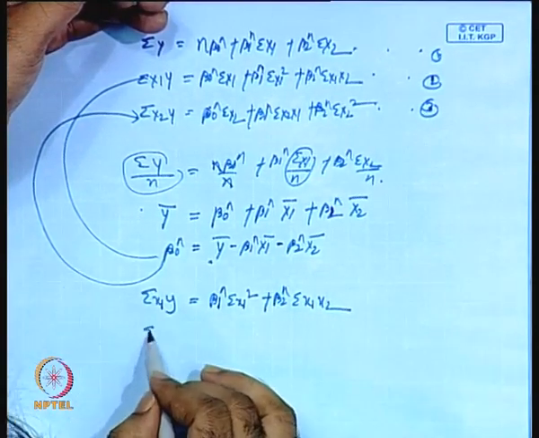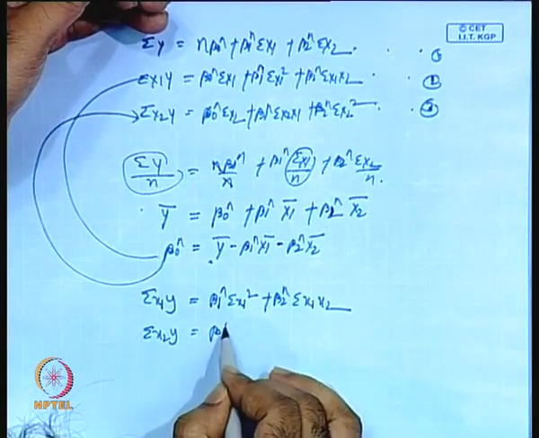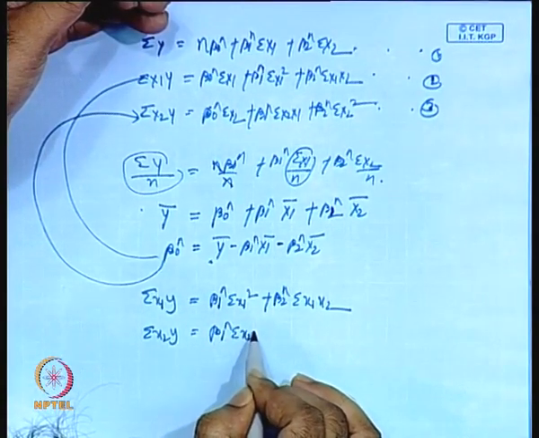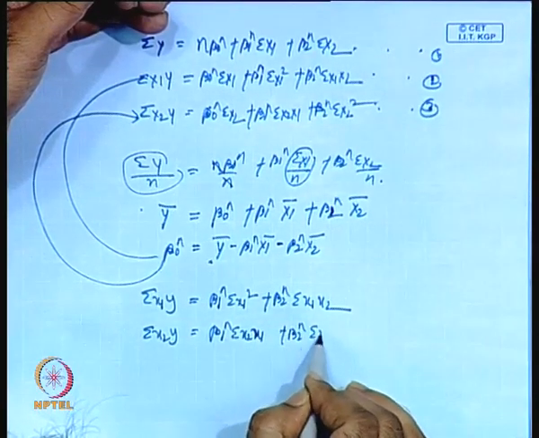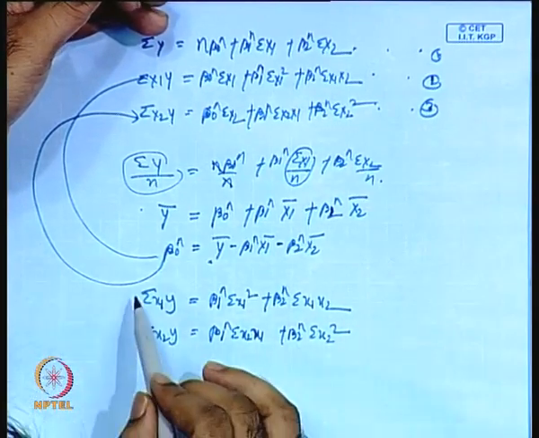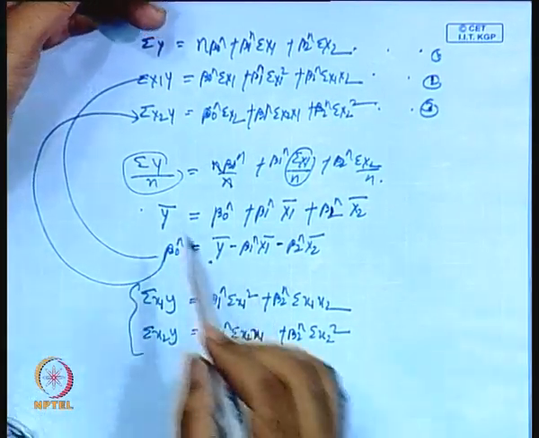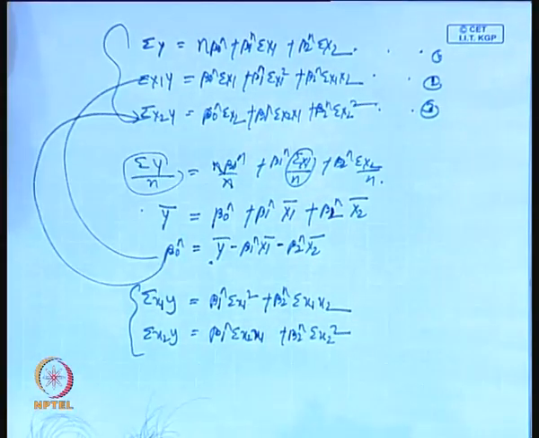Okay. Similarly, summation x2y is equal to beta 1 hat summation x2 x1 plus beta 2 hat summation x2 squares. Okay. So there is a difference here. This is the first structure and this is the second structure.